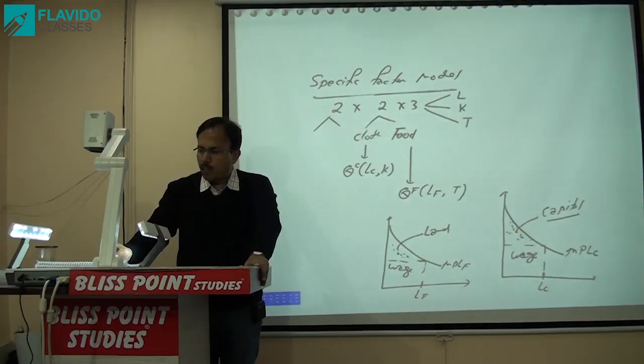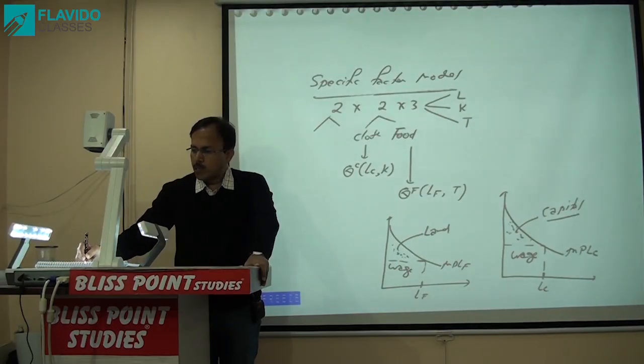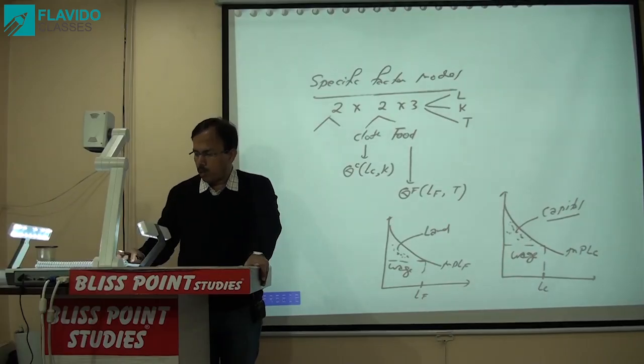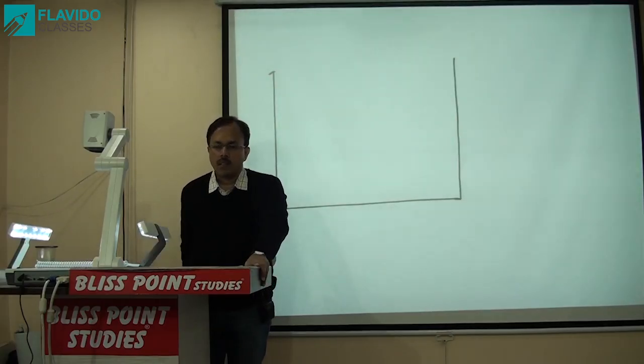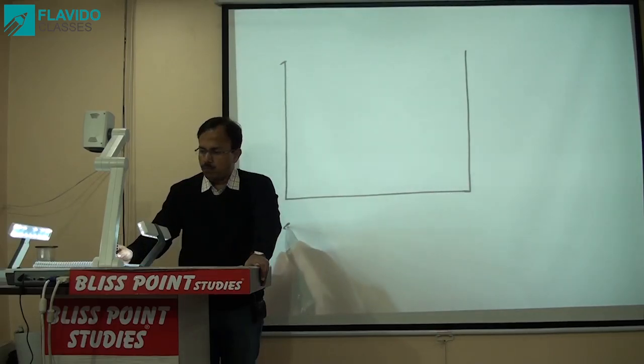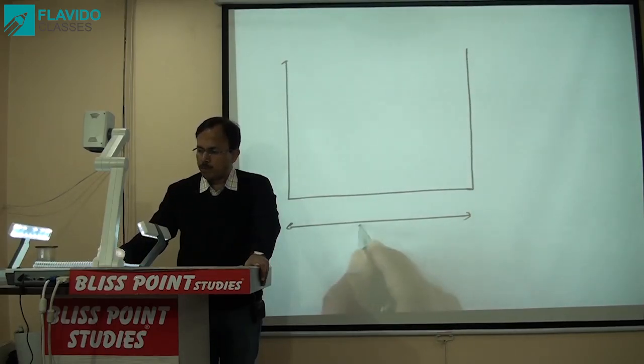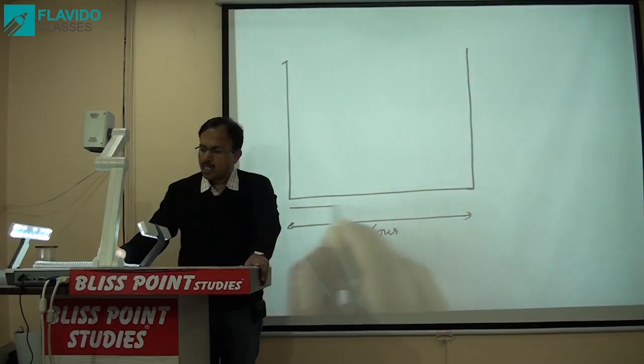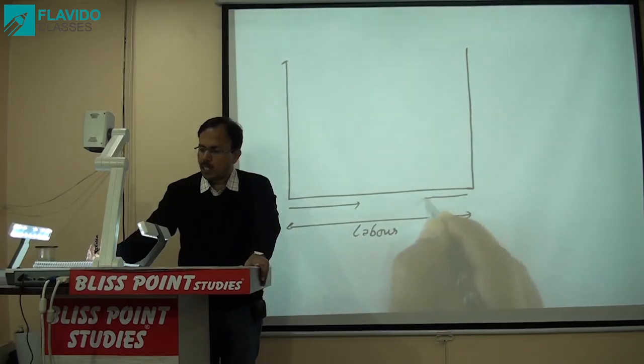To explain that model, because labor is the only mobile factor, you use only the labor diagram. This is the total labor available. In this direction cloth, in the opposite direction food.